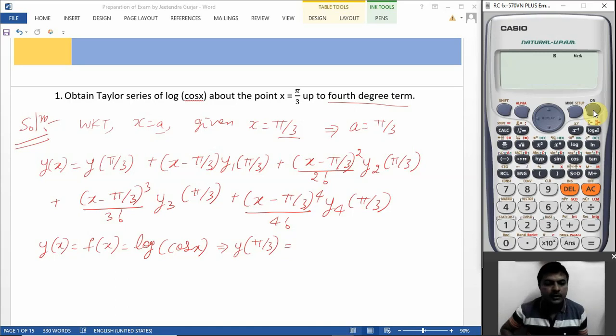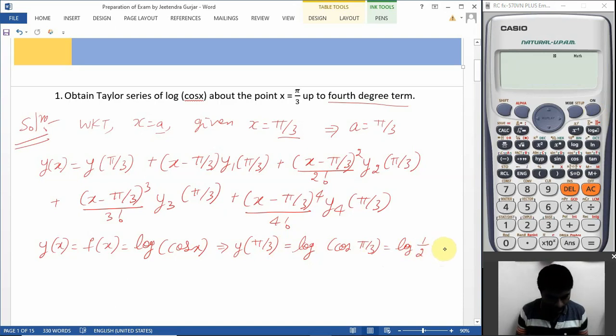Now again here see students, y of pi by 3 is equal to log of cos pi by 3, which is equal to log 1 by 2. So you can keep this log 1 by 2 as it is, so nothing to be changed.